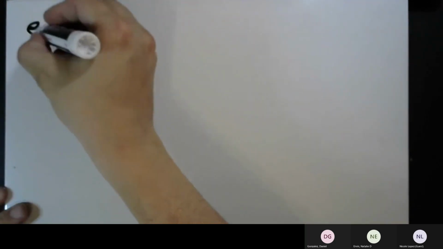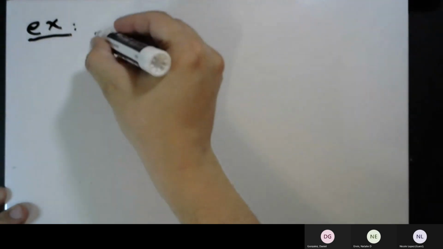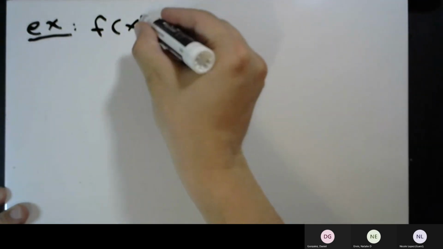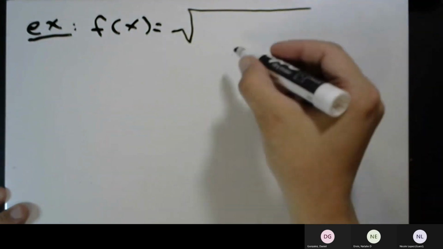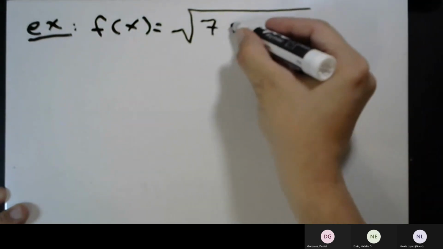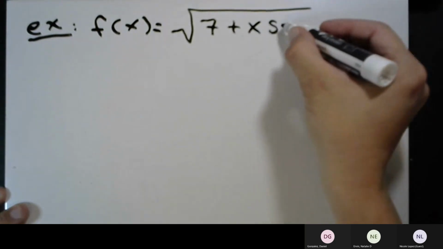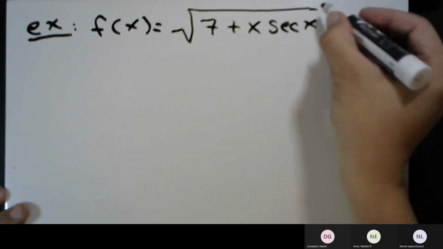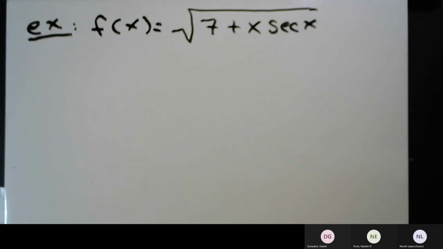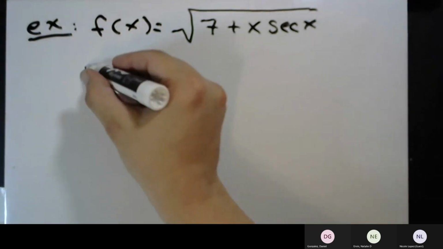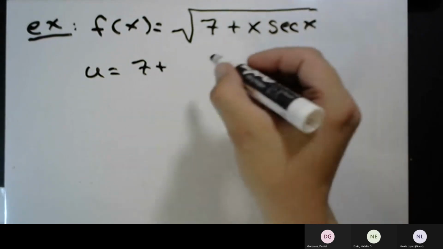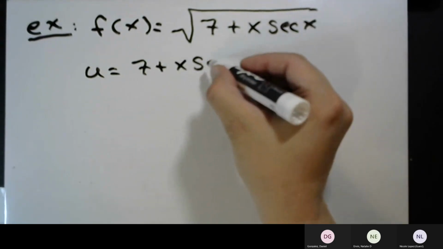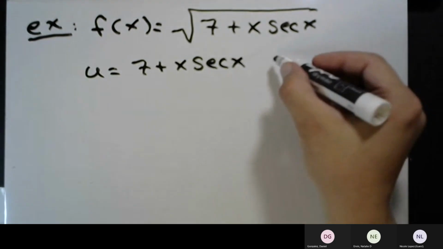Let's see. Let's say we have this. Now, what we can do again is let u be 7 plus x secant x.